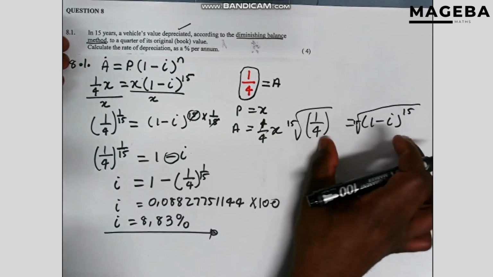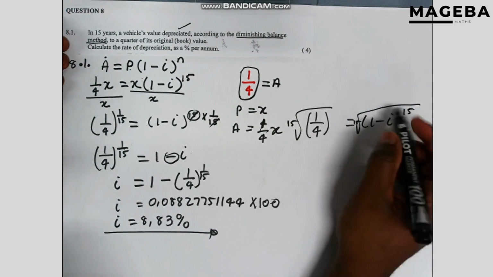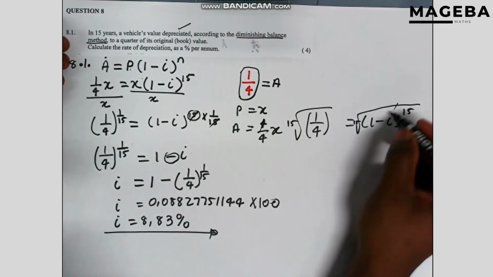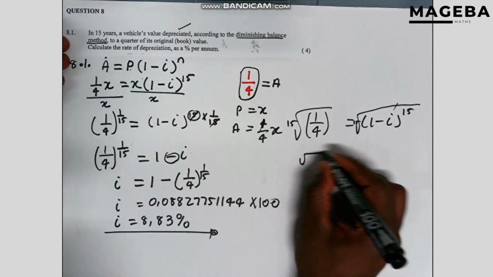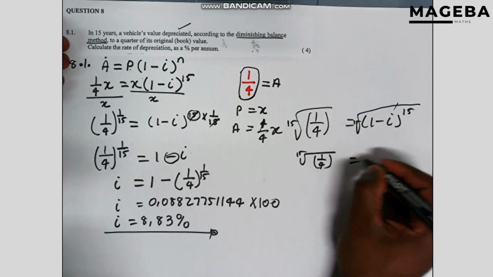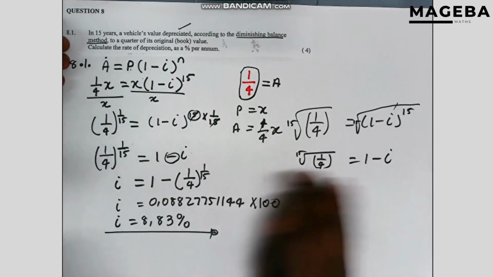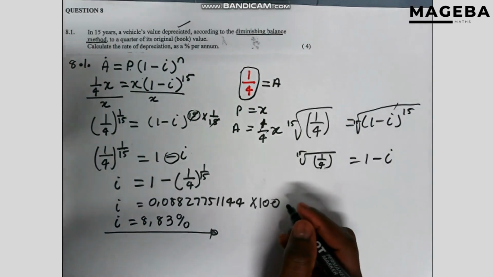Some others use this, so it's also fine when you do use this, because they are going to cancel each other, and then you're left with the 15th root of 1 over 4, and from here you continue, so both of them are going to give you the same answer.